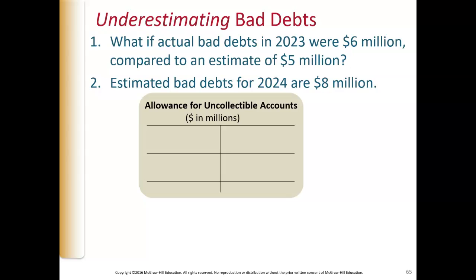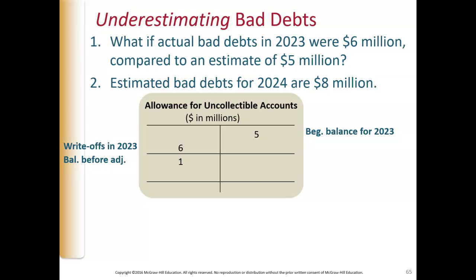But guys, here's another thought. Look at this one. What if we thought we were going to have $5 million in bad debts, but we actually had $6 million in 1 year? And then we're sitting with a $1 million debit balance in allowance for uncollectibles.